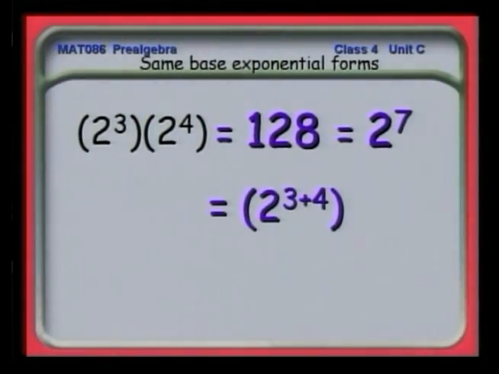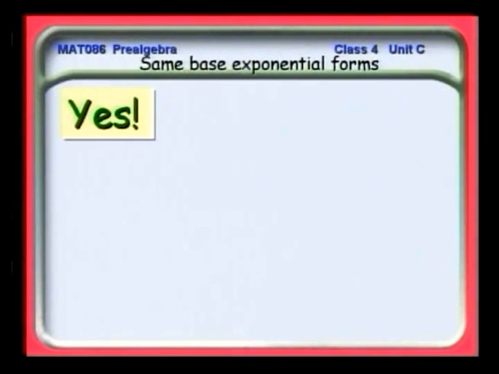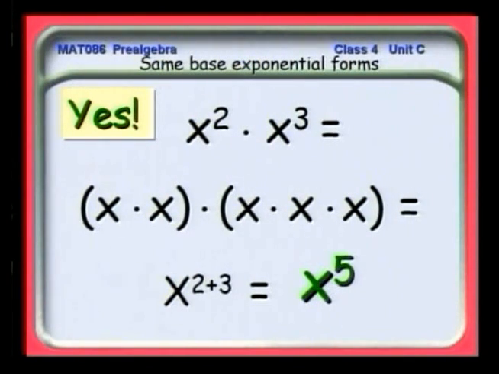And I think to myself, is there some rule for monomials having exponents with the same base? And the answer is there certainly is. If I have x squared times x cubed, I can write it out that way, and I see that there are 5 x's, so that's x to the fifth.